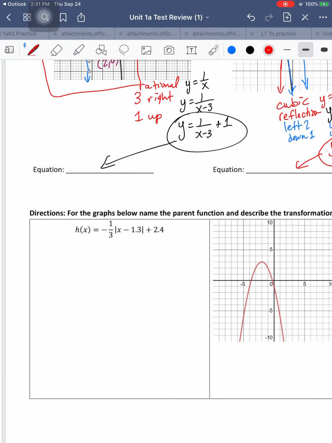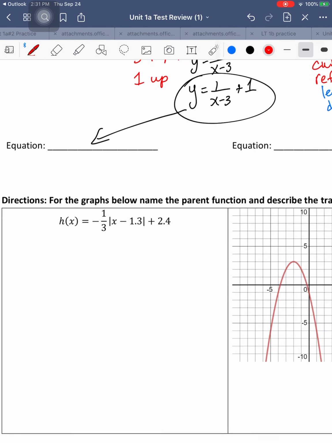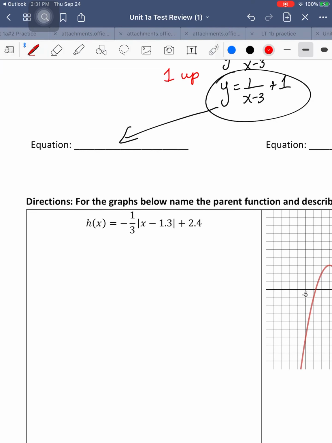All right, next is, for this graph, name the parent function and describe the transformations in words. All right, so the parent function is absolute value. The transformations that happened, I see reflection.